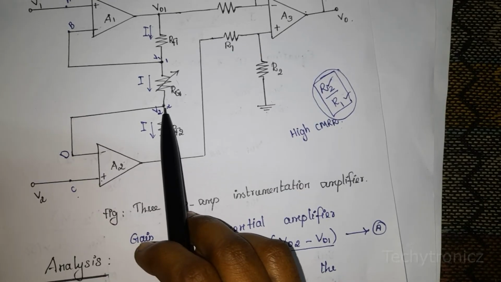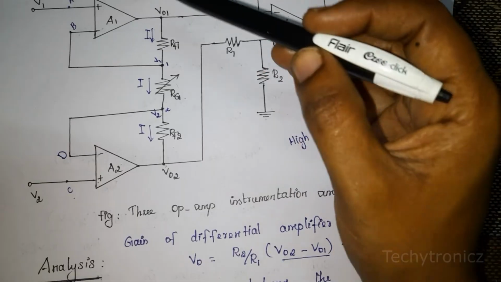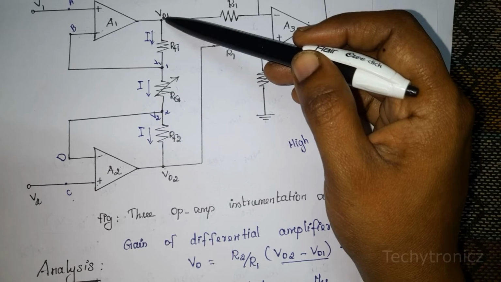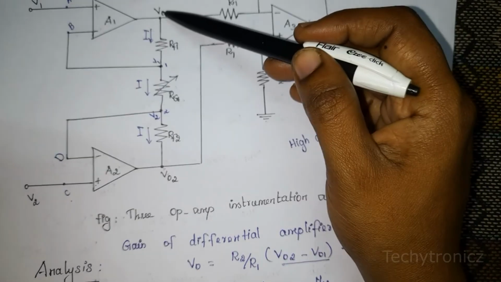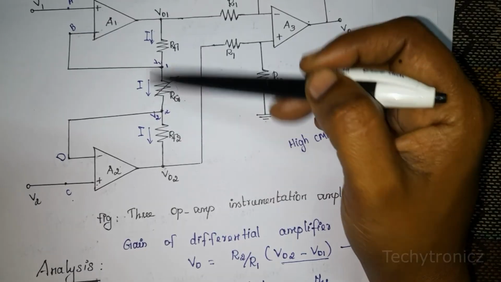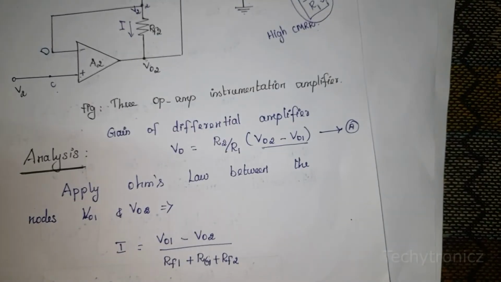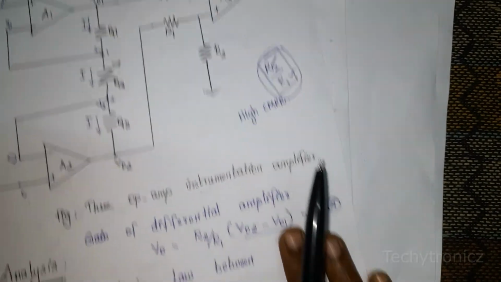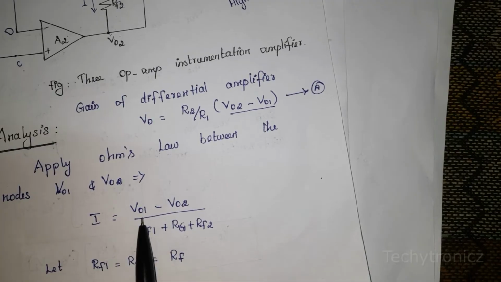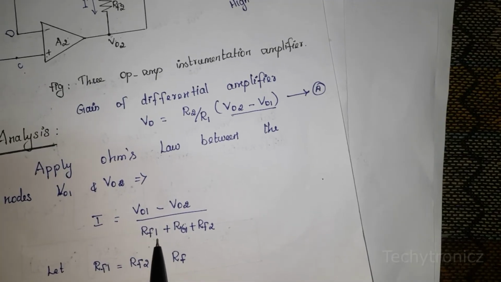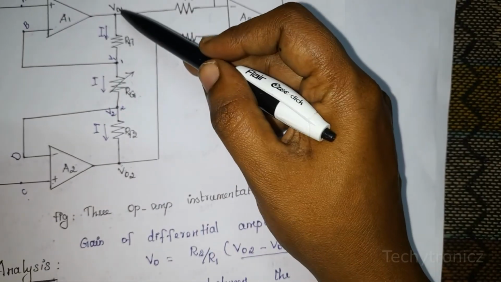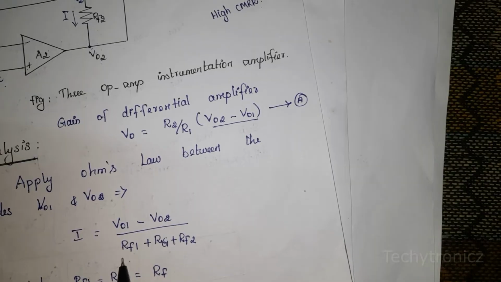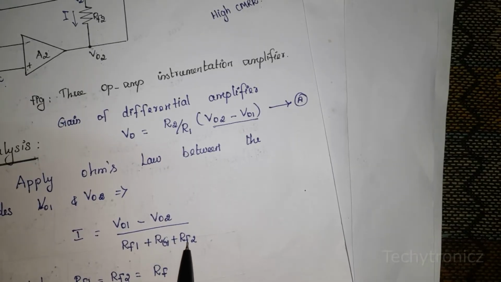So here we are going to apply Ohm's law between node V01 and V02, that means from the output voltage of the first op-amp to the second op-amp. We calculate the current I. The same current flows between V01 and V02. So I is equal to, what is Ohm's law? I equals V by R. The potential difference between these two nodes is V01 minus V02, so I equals V01 minus V02 divided by RF1 plus RG plus RF2.